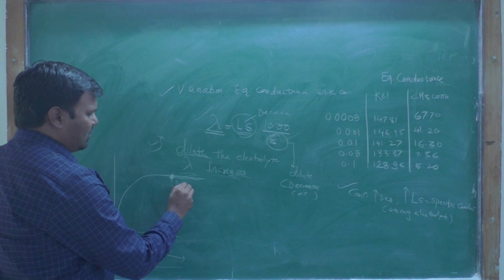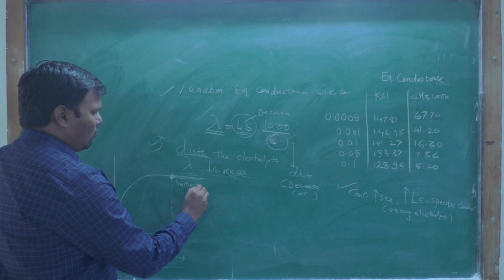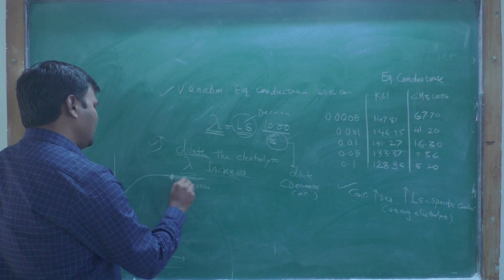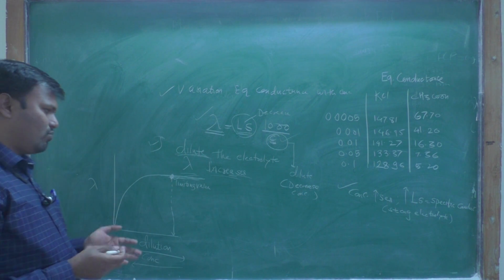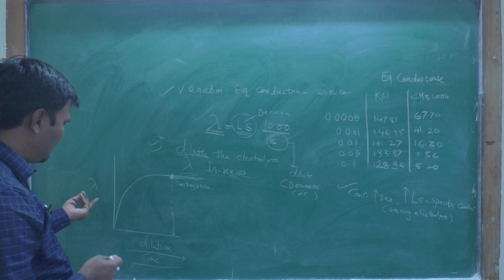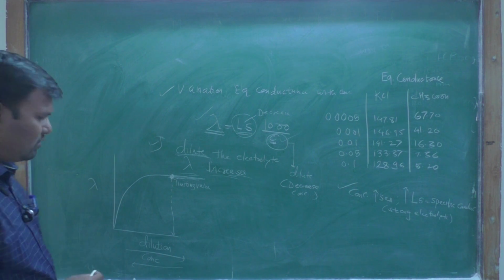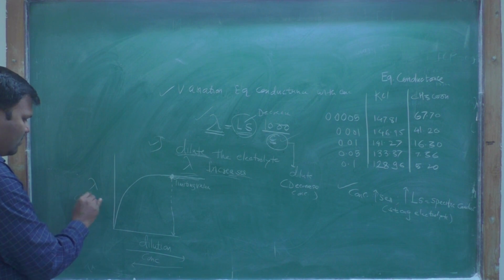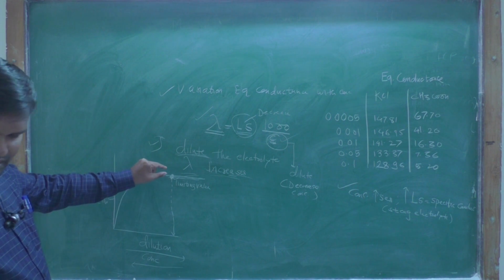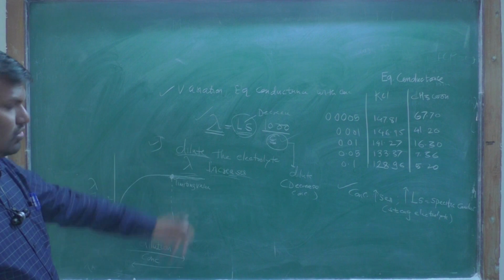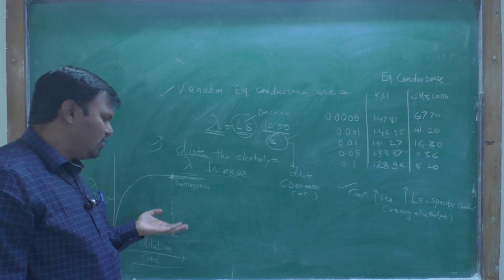That value is the limiting value. Why is it called the limiting value? Because after that no increase in lambda takes place. That is the limiting value.